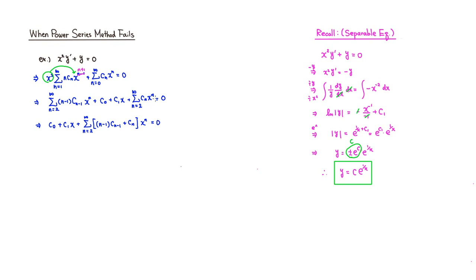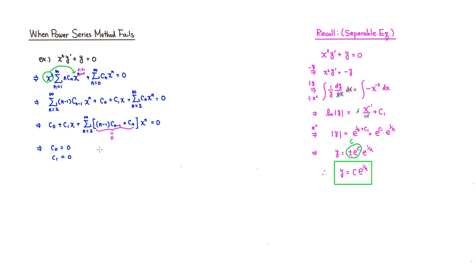This implies that C0 must be 0, because there's no constant term on the other side. There's no x term either, so C1 has to be equal to 0. Then setting this coefficient equal to 0, we get a condition.